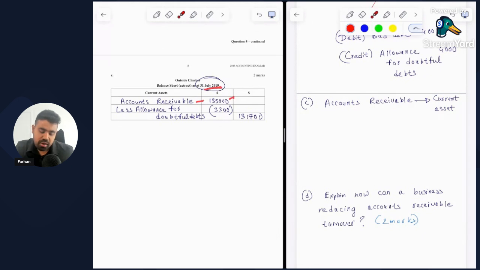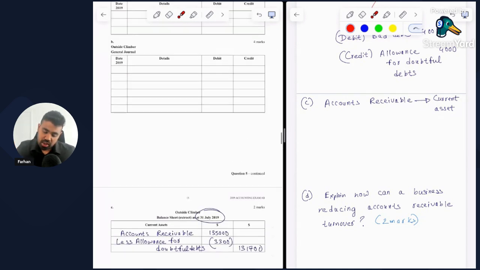And then we're subtracting the allowance for doubtful debts of $3,300, which was the amount we calculated at 31 July 2019, based on the 3% applied on the net credit sales of $110,000. So the net amount that we get at the end is $131,700.